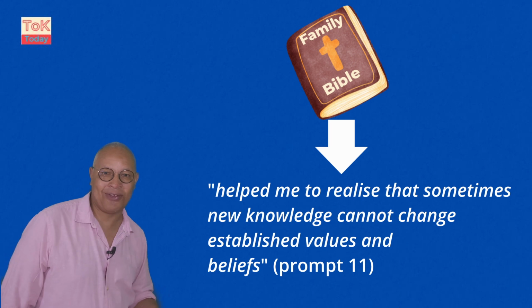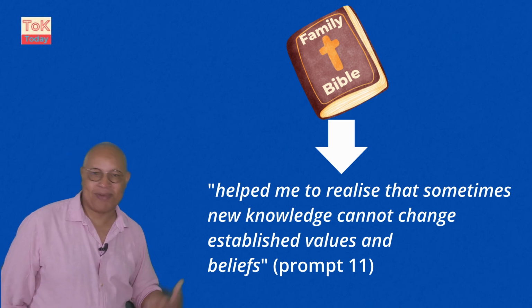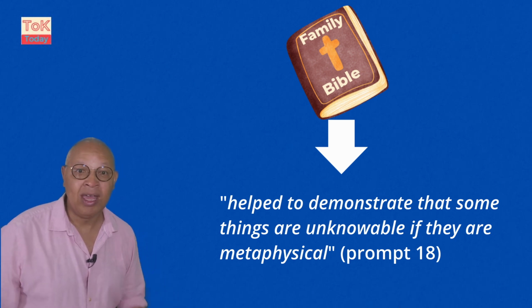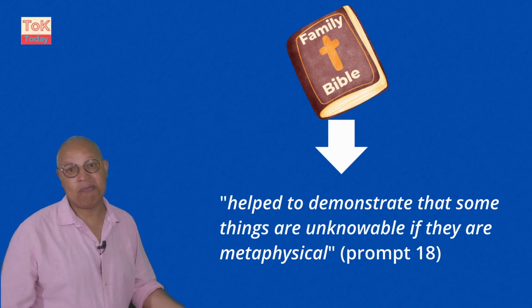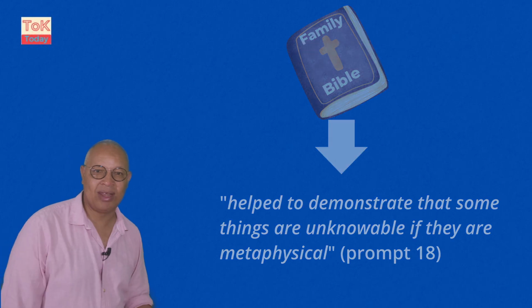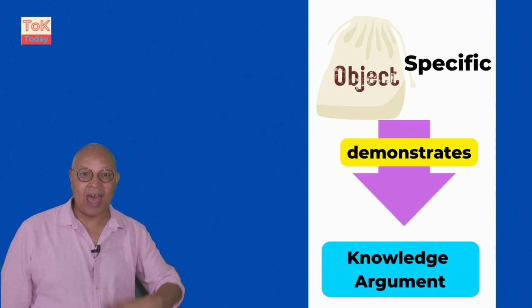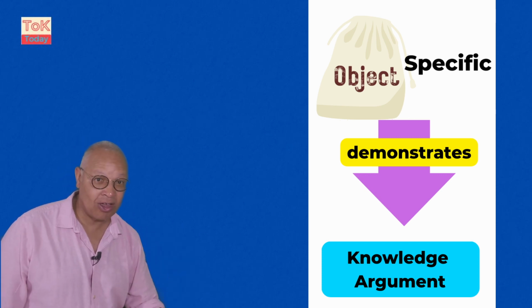That would be prompt 11. Or you could say that this particular family Bible helped to demonstrate that some things are unknowable if they are metaphysical, and that would be prompt 18. And so on and so on. What makes that object specific is the characteristic that should help you to develop your knowledge argument.